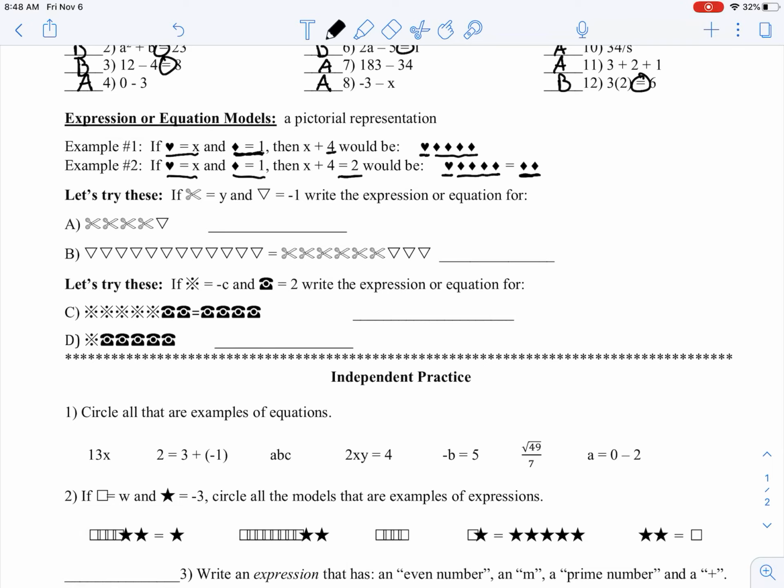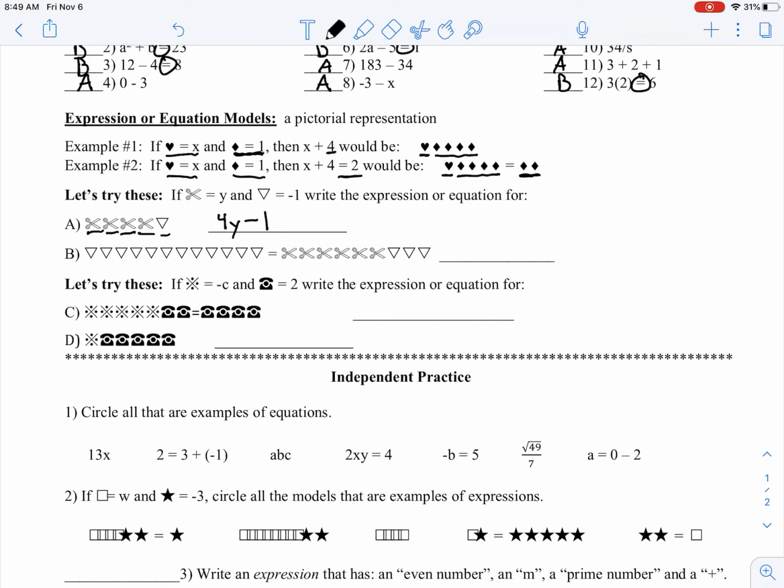All right, so let's give these a try. It's telling us scissors is equal to y, and triangle is equal to -1. Let's take a look here. We've got 1, 2, 3, 4 scissors, so that's going to be 4 y's, and 1 triangle, which is -1. So 4y minus 1 is how we would write this expression here. Now we have an equal sign, so we know we're going to be writing an equation here.